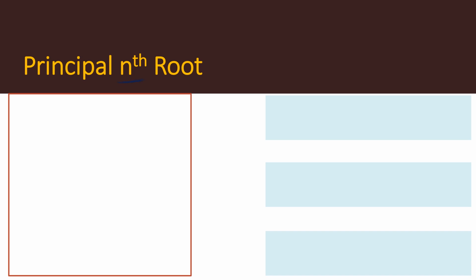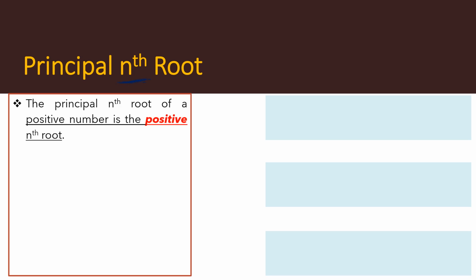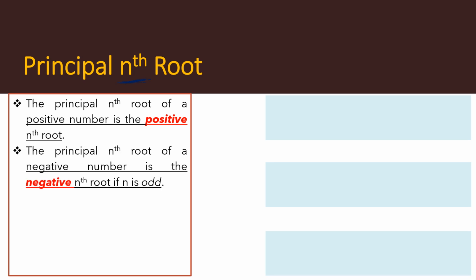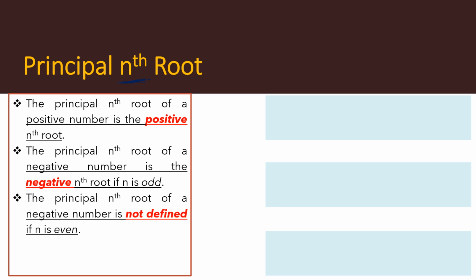Next, we have what we call the principal nth root. A while ago we discussed square root. The principal nth root of a positive number is the positive nth root. The principal nth root of a negative number is the negative nth root if n is odd.